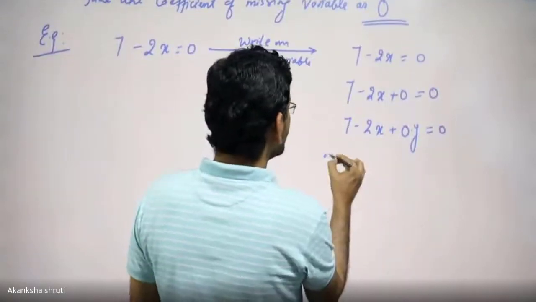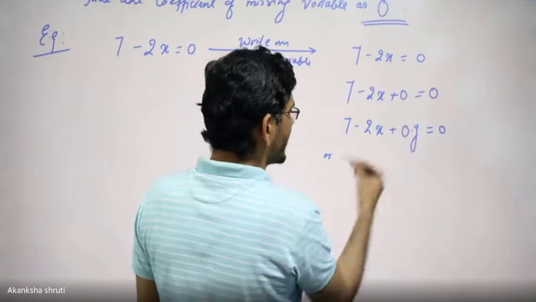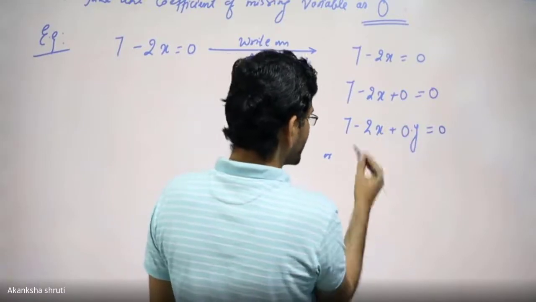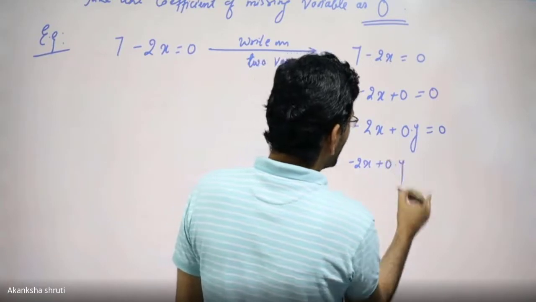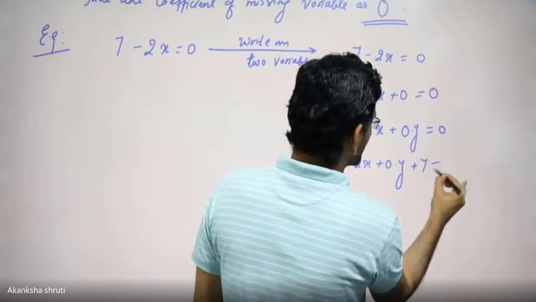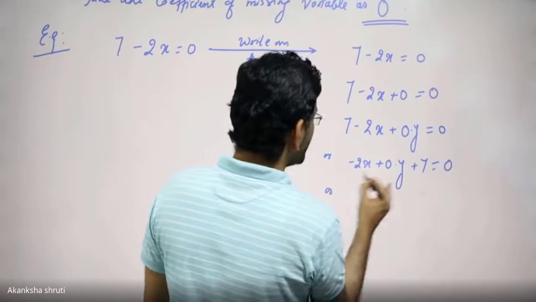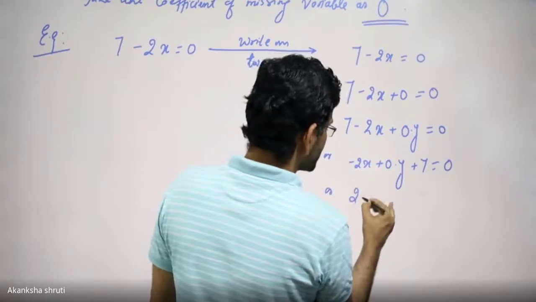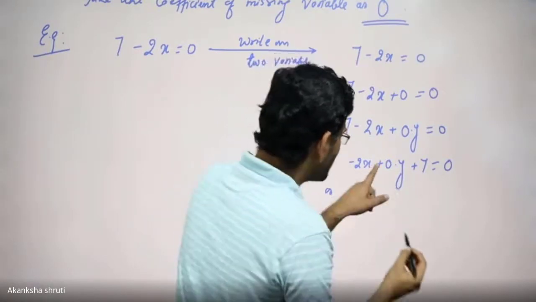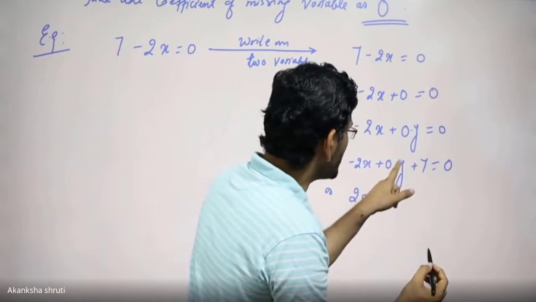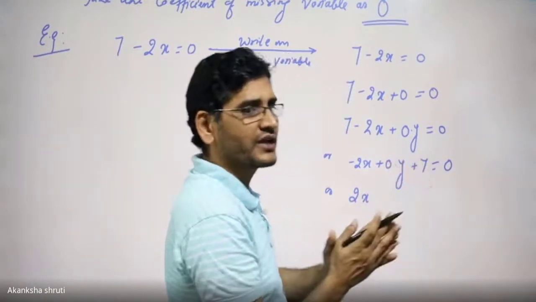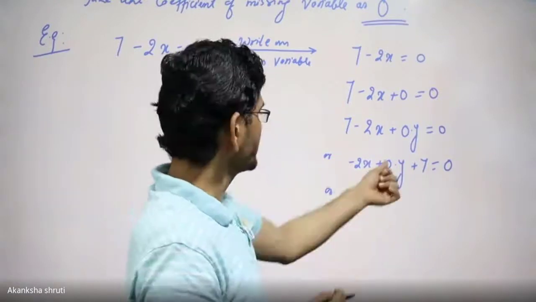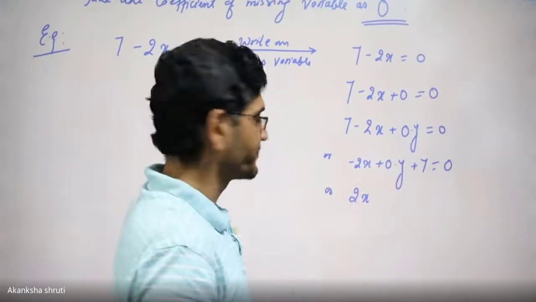Or even, students, we may change the sign also, or we may keep this first: 2x plus 0y plus 7 is equal to 0, or even we may take the sign as the opposite. Keep in mind, plus 0y or minus 0y mean the same thing, but never take this 0 with the negative.